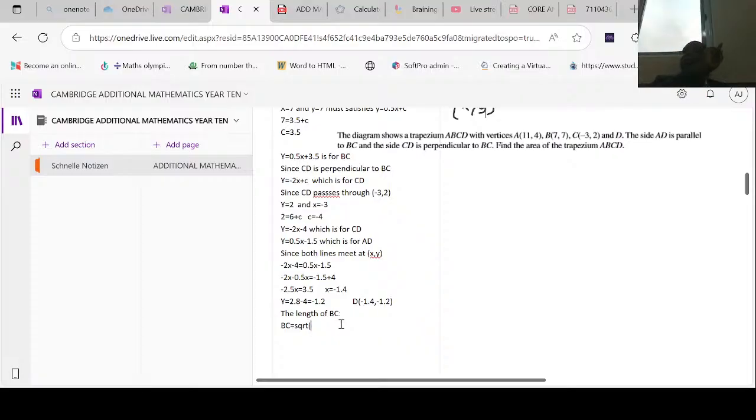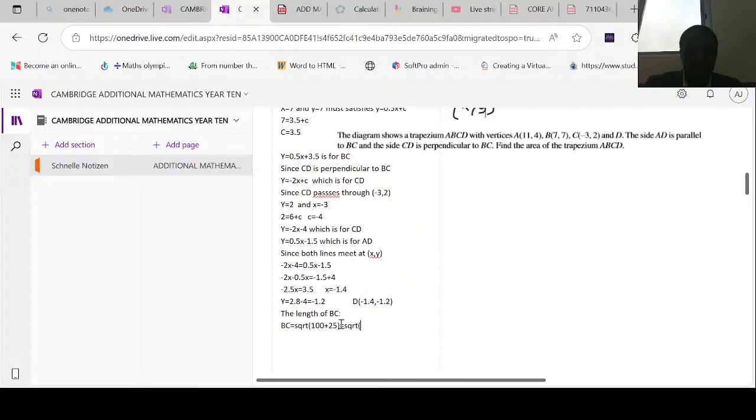If you are going from B to C, you must maintain that order. So from B to C, 7 minus 3, that's for x, that will be 10. So 10 squared is what? 100. You get it? Plus now 7 minus 2, the y coordinates, which is 5. 5 squared is what? 25. So that's the square root of 125.